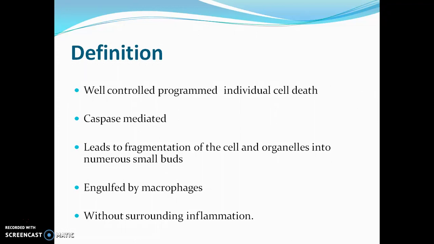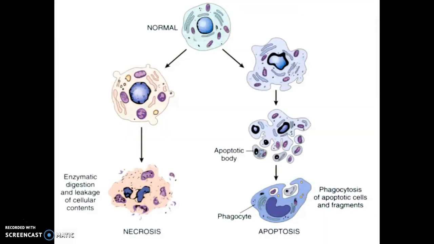The name apoptosis is derived from a Greek word meaning falling off. It was quickly appreciated that apoptosis was a unique mechanism of cell death that is distinct from necrosis. This is a normal cell.